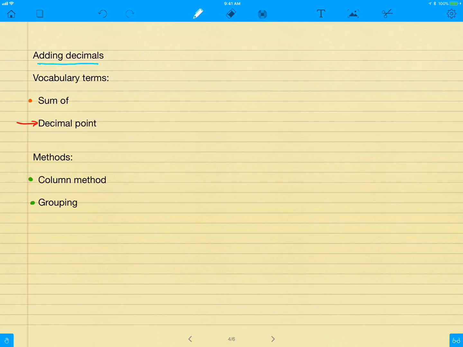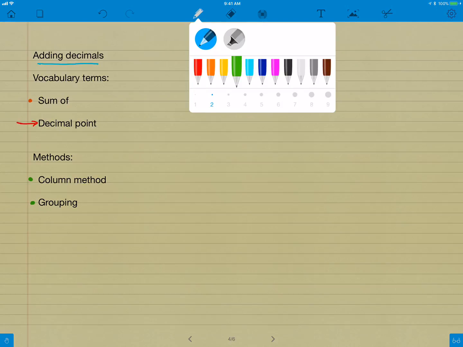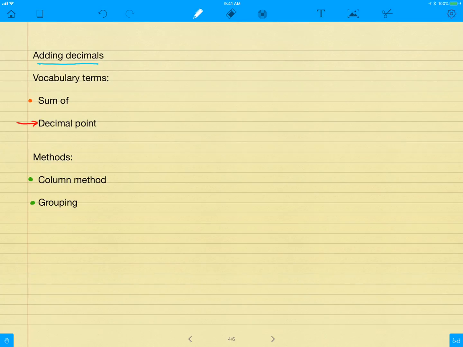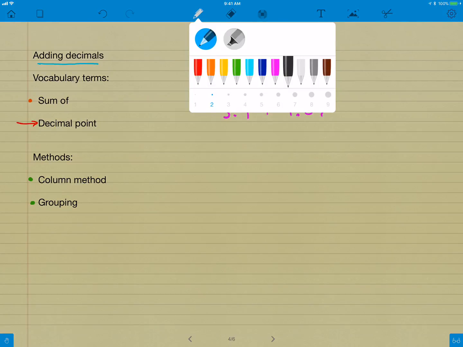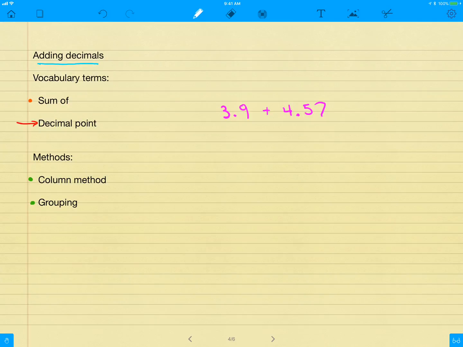So let's do one example, then I'll do another one here in a minute. I'm just going to pick a problem directly out of your book, and we're going to add it. One of the numbers that I saw in your book was 3.9, and we're going to add it to 4.57. When you add decimals, you want to line up the decimal points. It doesn't matter which number you put on the top when we do column method.